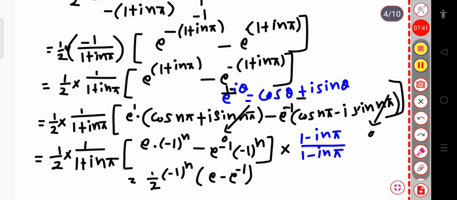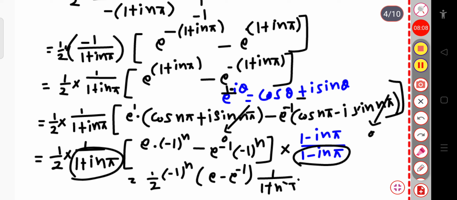Since i square is minus 1, this is in the form a plus ib into a minus ib, so this will be a square plus b square. Simply this will be 1 plus n square pi square, so 1 divided by 1 plus n square pi square.